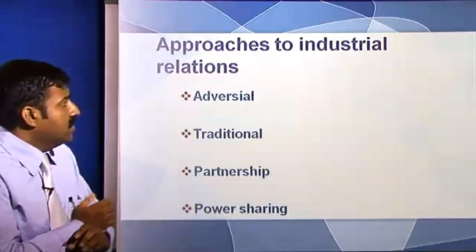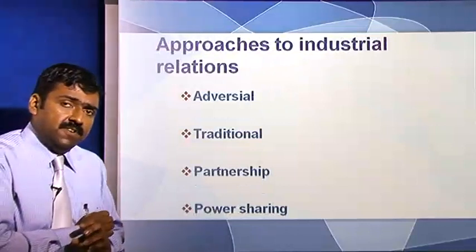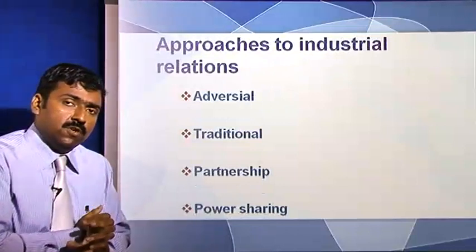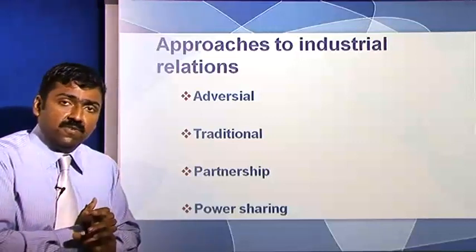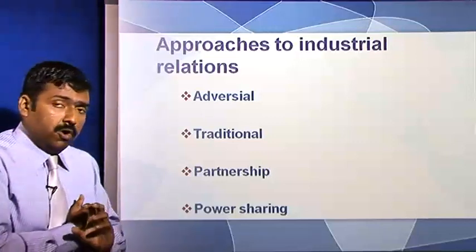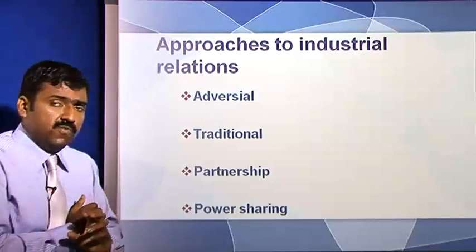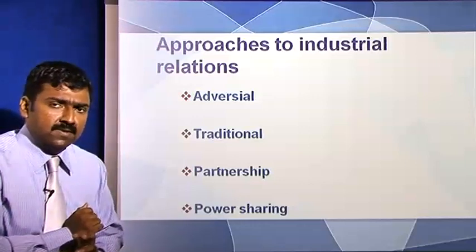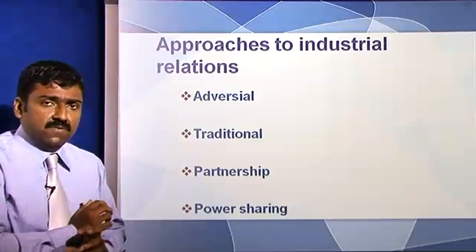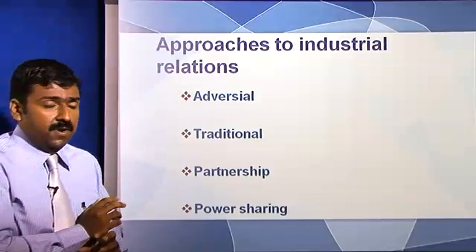What are the approaches to industrial relations? First is the adversarial, where the employer calls the shots. Employees are expected to fit the bill. There is no option for them. They have to just follow the command and the orders of the employer. And when it comes to traditional, there is a good day-to-day working relationship, but ultimately the employer has the final say in managing the different issues.